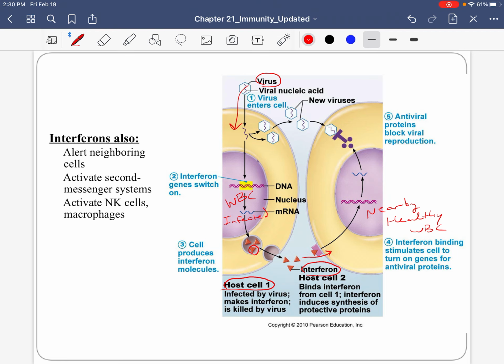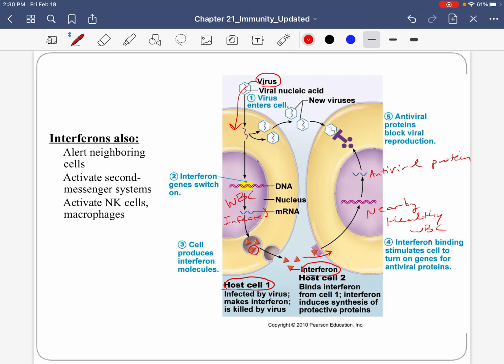So the infected white blood cell is going to die because it was taken over by a virus, but before it dies, it releases these specialized proteins called interferons, which will attach to a receptor, get into a nearby healthy white blood cell, and tell that nearby healthy white blood cell to produce an antiviral protein.